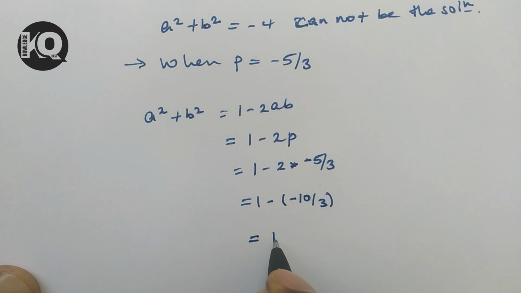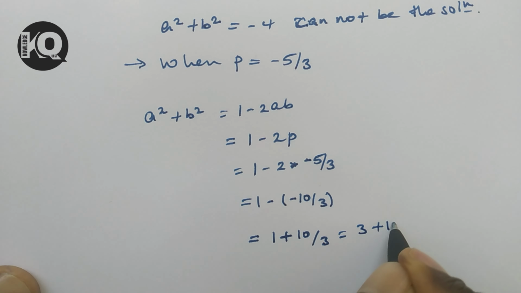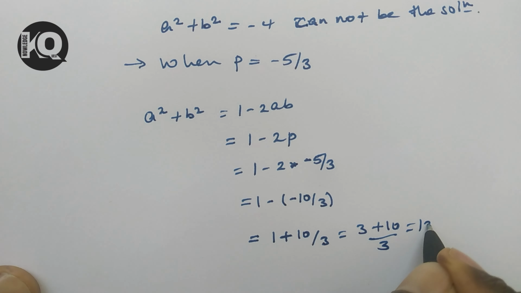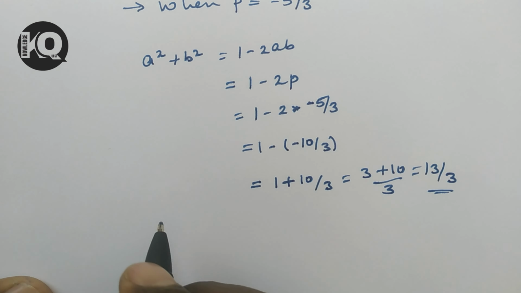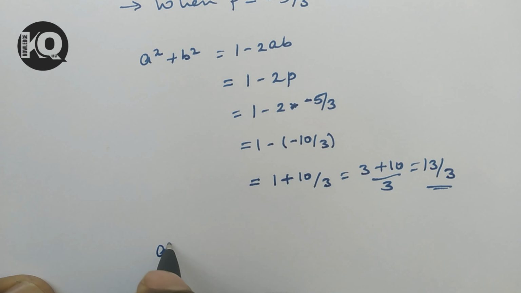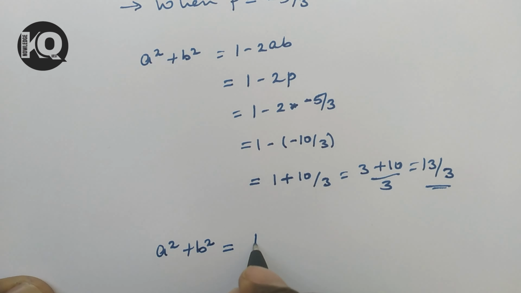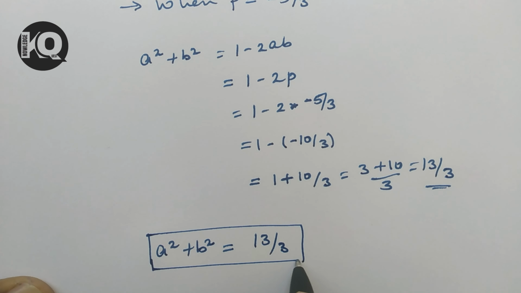So it will be 1 plus 10 over 3, which is 3 plus 10 divided by 3, which is equal to 13 over 3. So the final value and the valid solution for a squared plus b squared is 13 over 3, the correct answer for the given problem.